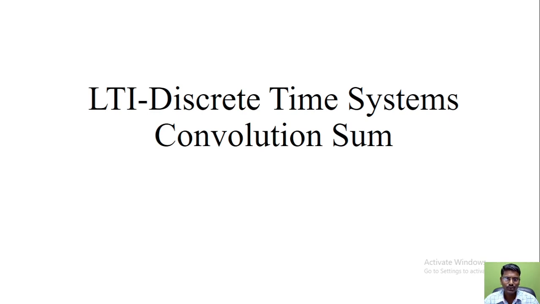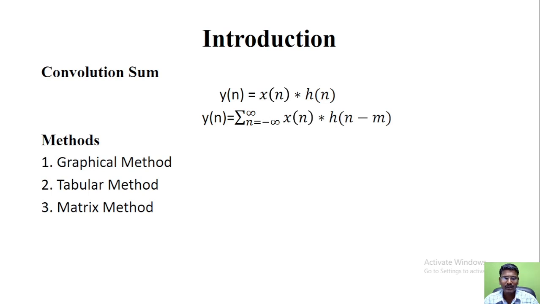The meaning of convolution is that we are going to multiply the discrete input signal and the impulse response of the system to get the output y of n, right? So let us assume a system. This is an LTI system where the input is x of n, the output is y of n, and the impulse response is given by h of n.